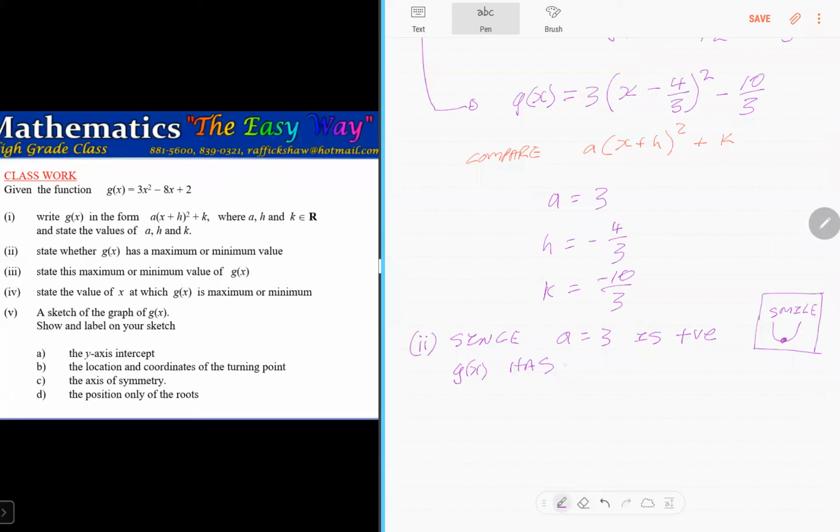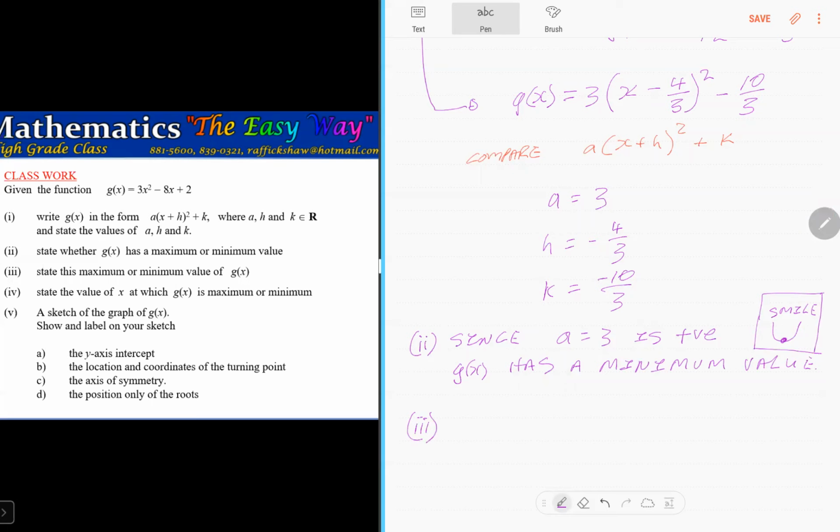So therefore, g of x has a minimum value. That's part 2.